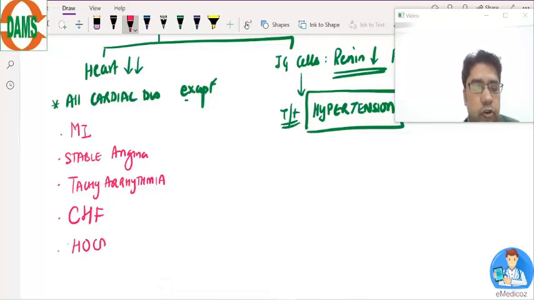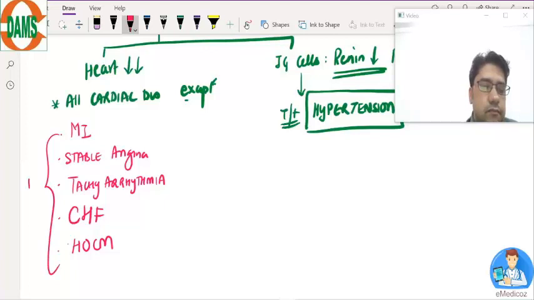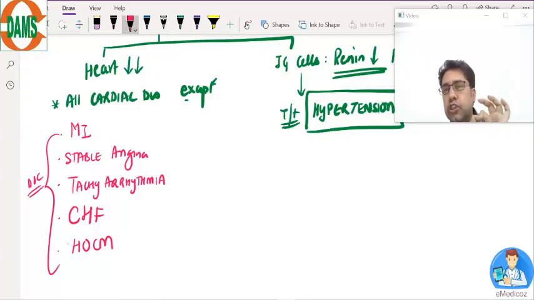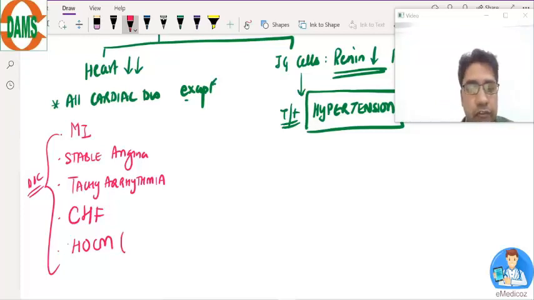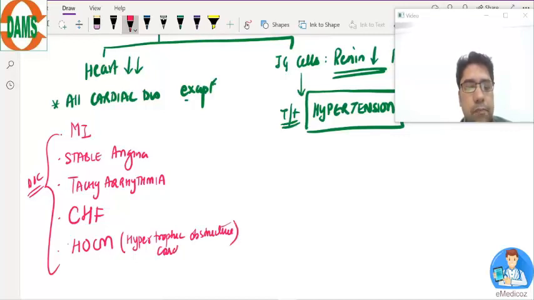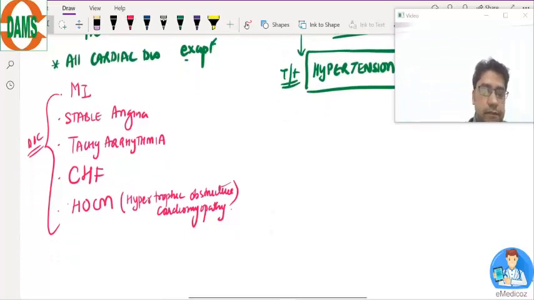Then any other heart disease, yes, you will write beta blockers are the drug of choice for HOCM, hypertrophic obstructive cardiomyopathy. Okay.